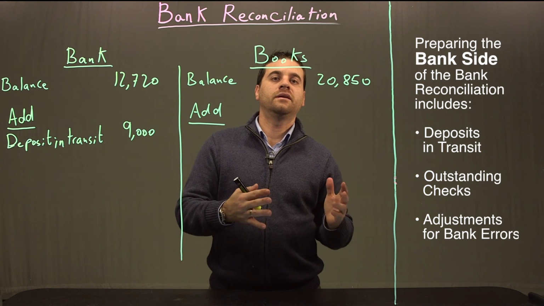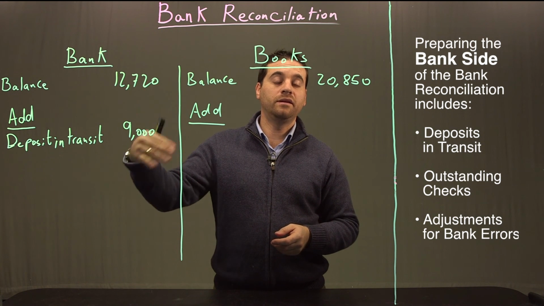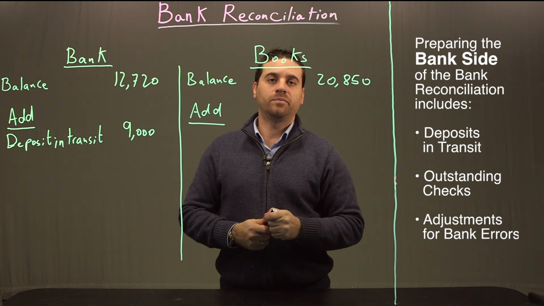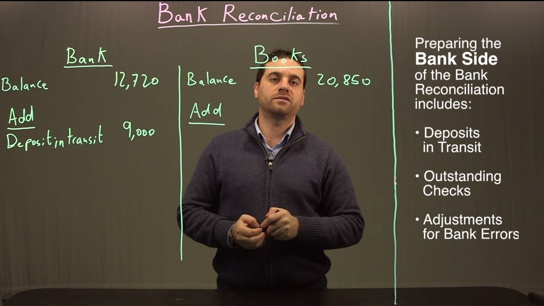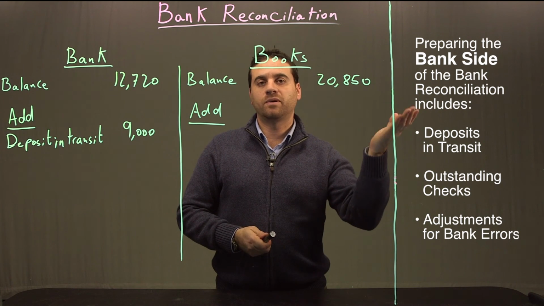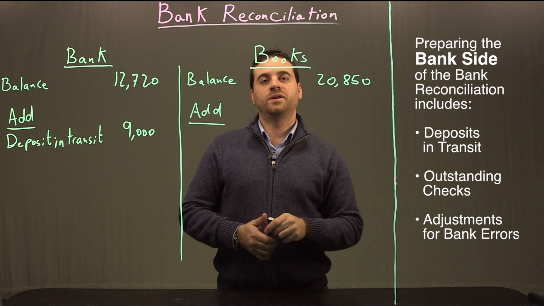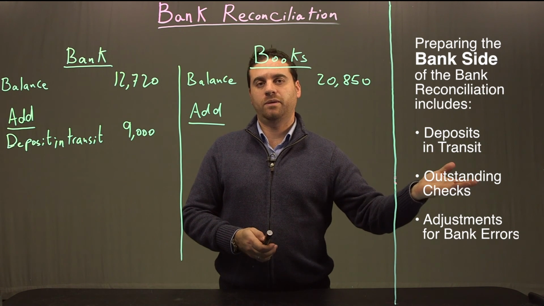That means our cash balance in the bank did not decrease yet. However, it was already reduced in our books. It was already taken away from our cash balance in our books because the moment we gave the check to the supplier or customer, we recorded a credit to cash, which means that we decreased our cash. The moment we give it, not the moment it was cleared from the bank.